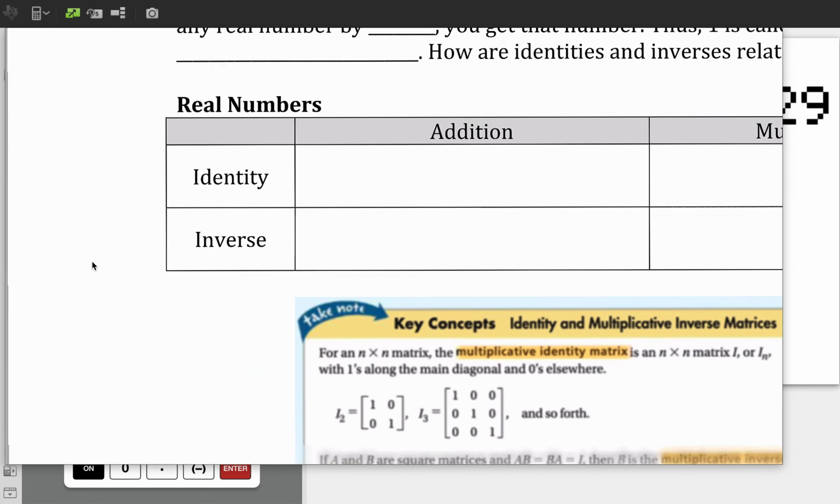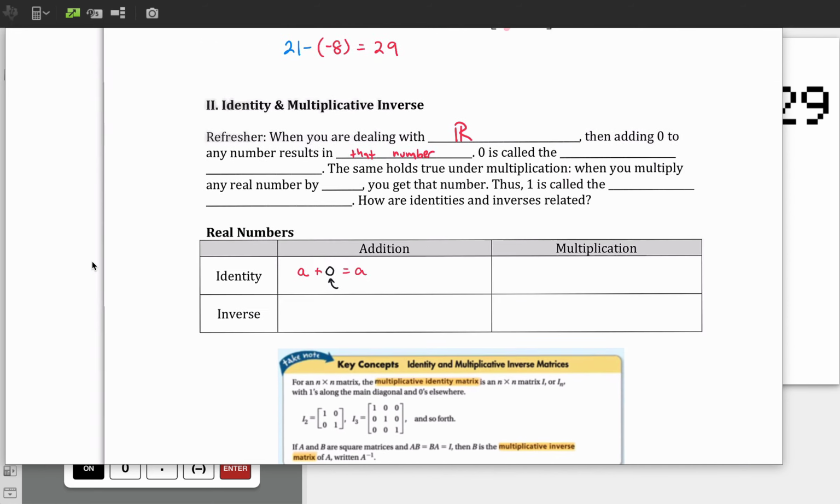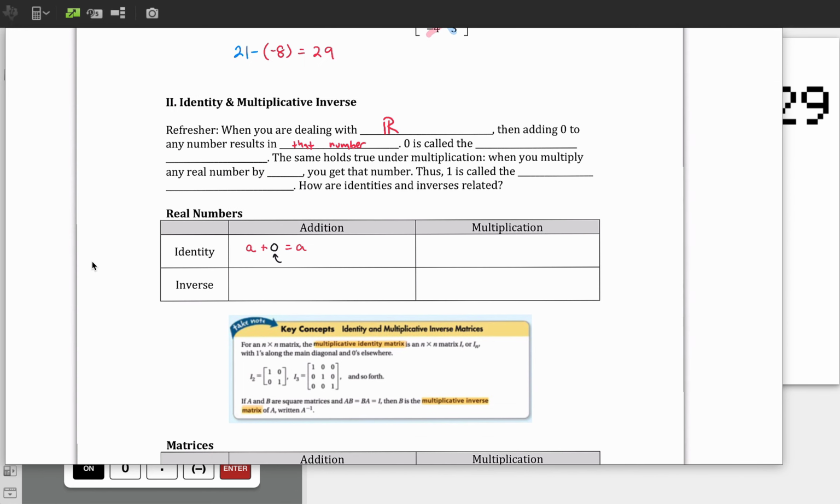For example, if we have some number A and we add 0 to it, then we get A. So that means that 0 is the additive identity. That's what we'll write here.